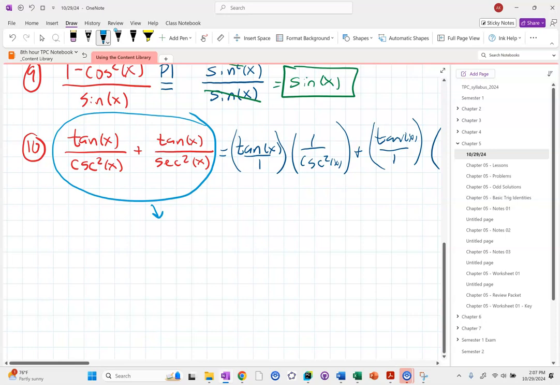So I'm going to start by making a common denominator. But here's the trick. What common denominator am I going to choose? Not secant. Not tangent. Not cotangent. One. That is the common denominator that I'm going to make. I know, it's pretty angry.